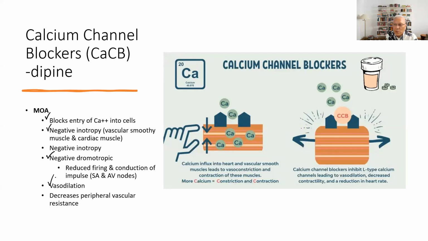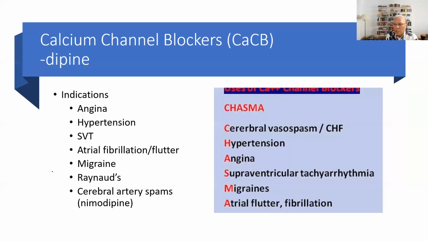It causes vasodilation, and of course, it decreases peripheral vascular resistance. So you could deduce that it's going to be very useful for patients with angina as well as hypertension. So these are the two main ways in which we are going to use these particular drugs.